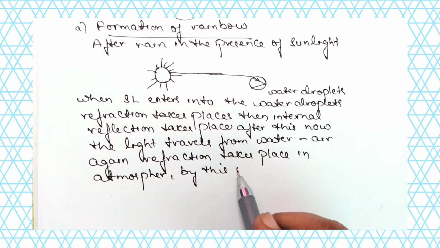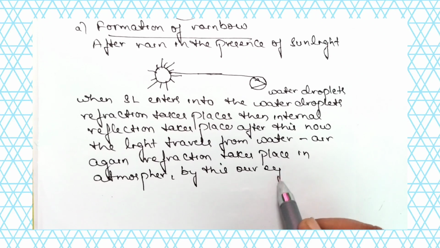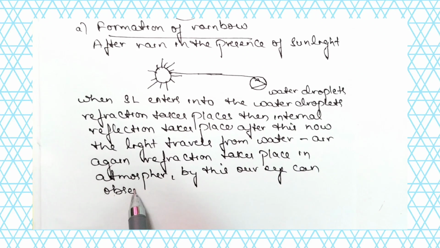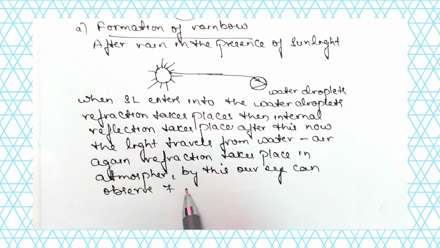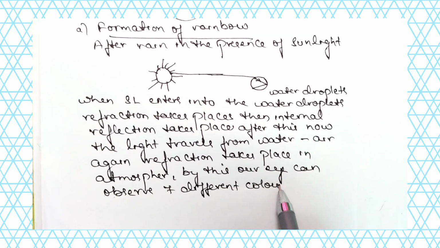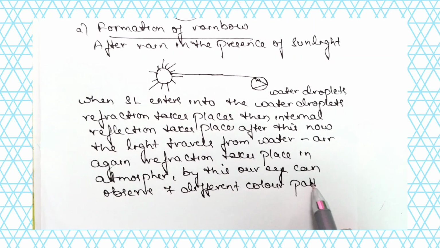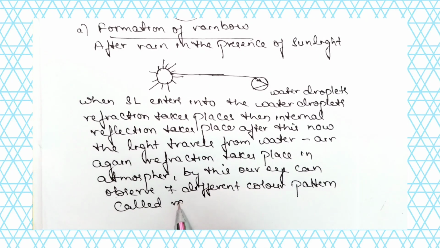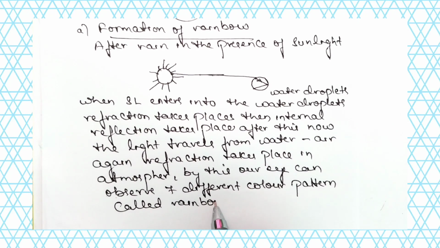By this, our eye can observe 7 different color pattern called rainbow. So like this the rainbow will be formed.